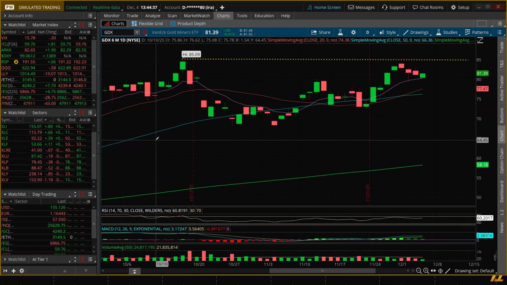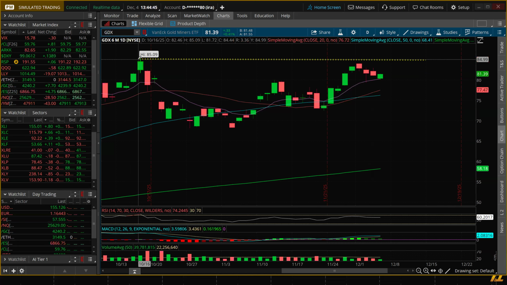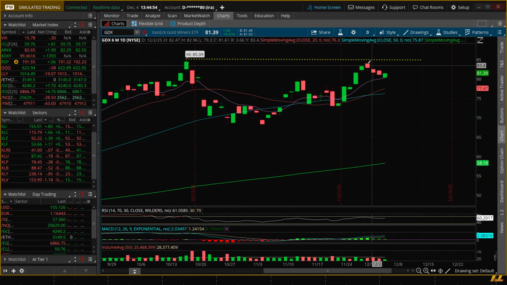What do you guys think? Yeah, this level of resistance is not higher than that level of resistance. Now it is higher than this one. So we have a short-term uptrend against the backdrop of a double top here. Now, do you see how it's getting close to that resistance zone, but it starts coming back down?